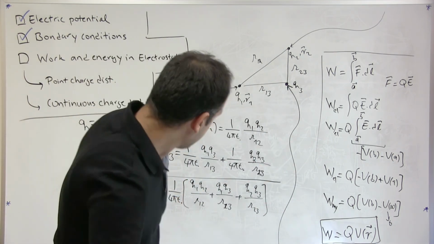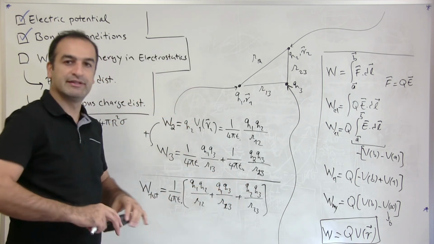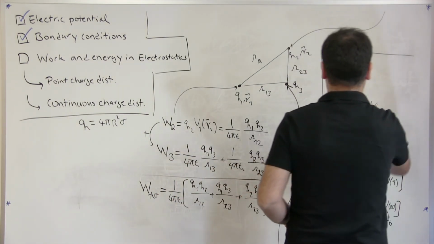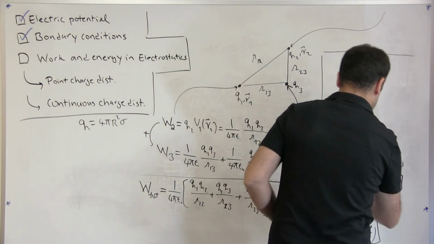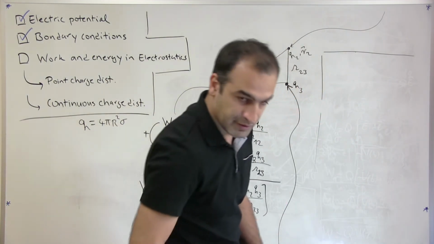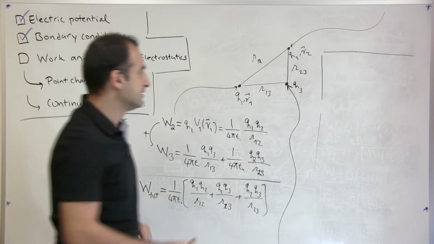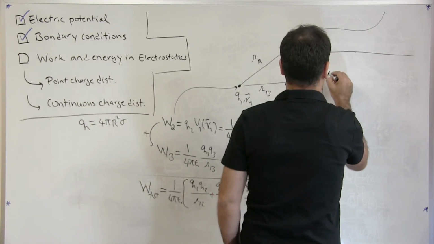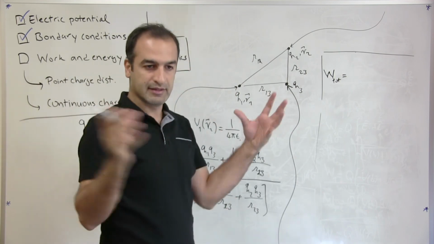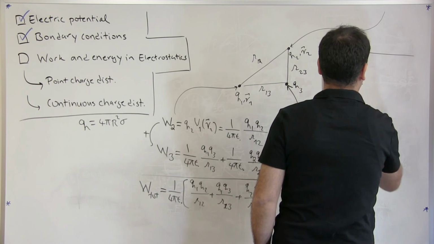Mathematically, there's a way to include all these additions and all charges in terms of sigmas. And the way the sigma looks is this. If you look at this, what we are doing is adding all these pairwise interactions. So the total work, if we bring n particles together, is 1 over 4 pi epsilon 0.